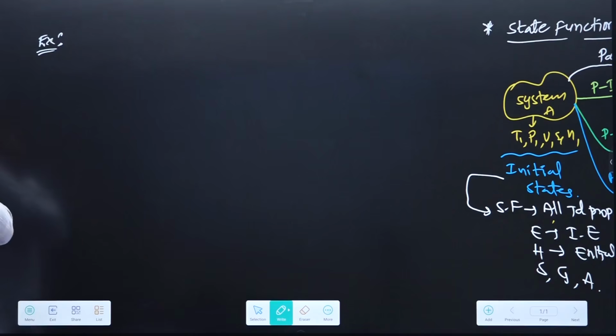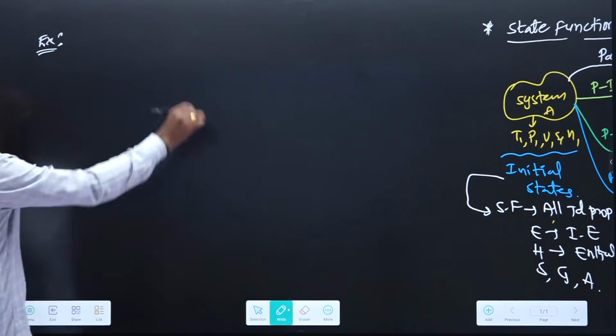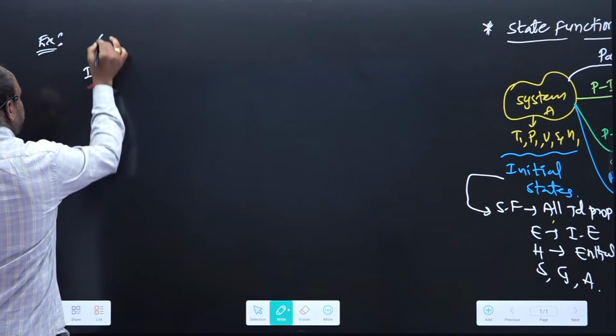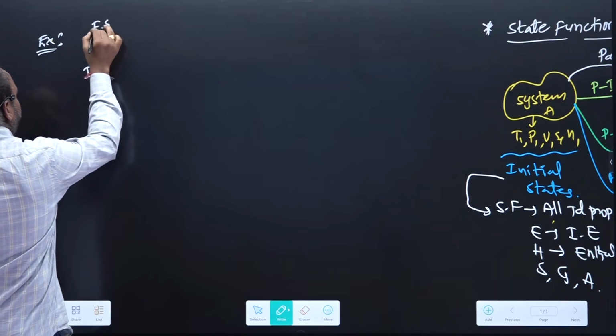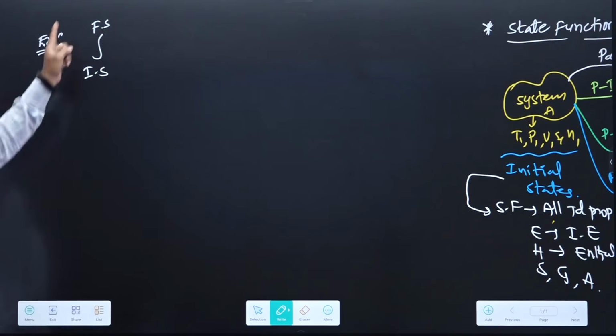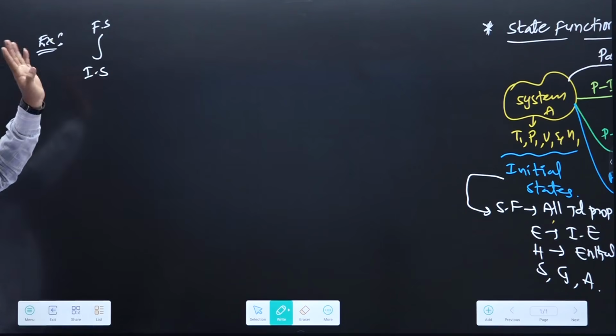Example, see, integral of initial state and final state. Even we don't know what is the initial state, what is the final state. For example, in terms of temperature, T1 to T2, whatever are the initial and final temperatures.